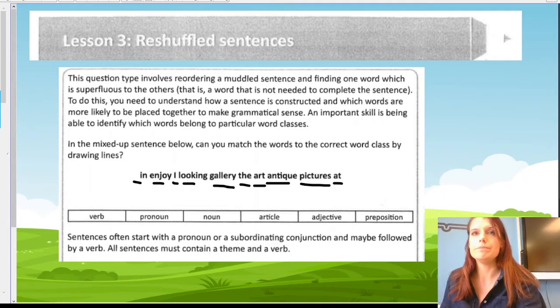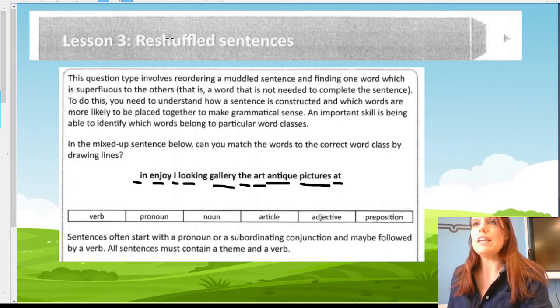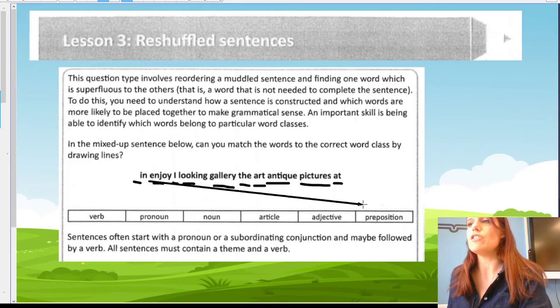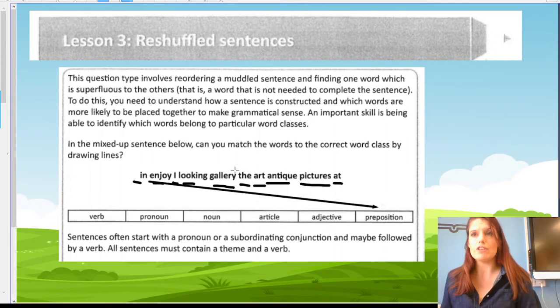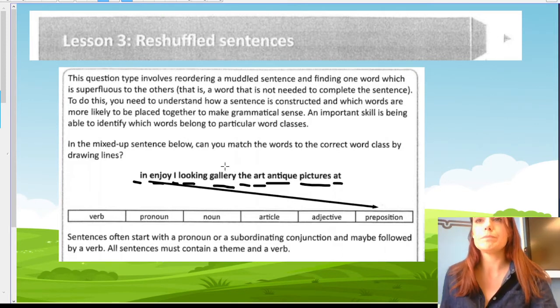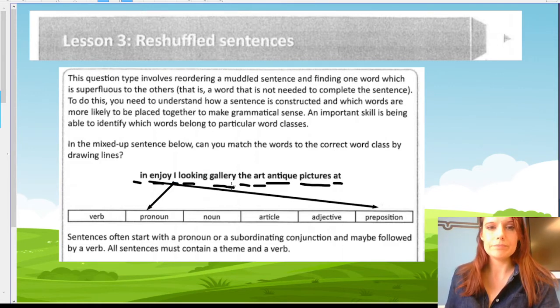So in, I'm going to start drawing on my sheet here. So in is a preposition. A preposition tells you where something is in relation to something else. I, this is a pronoun. Gallery is a noun.